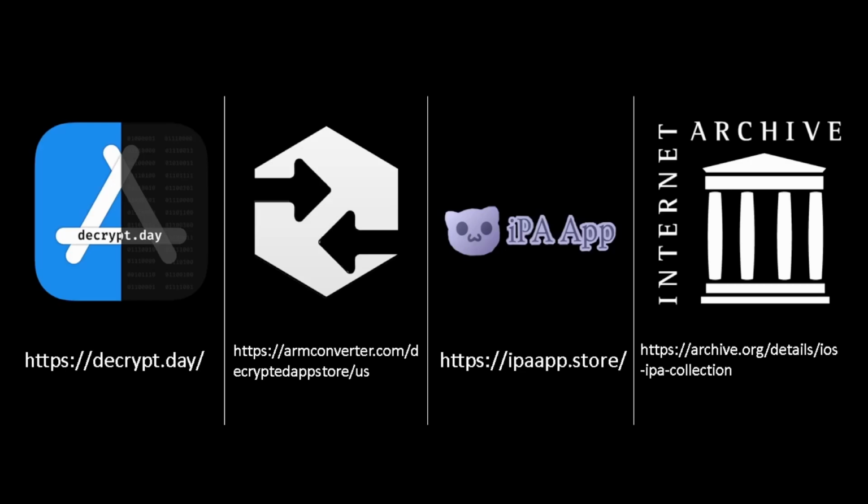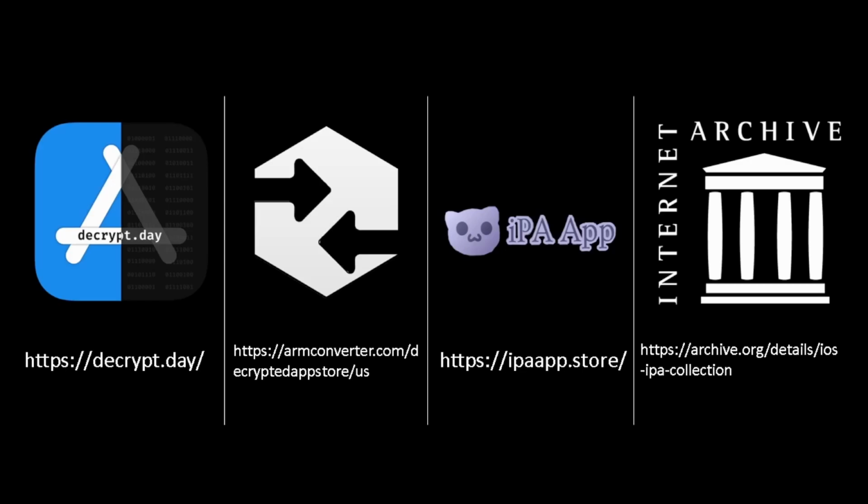So just going over them, there is decrypt.day and the Decrypted App Store, and these will allow you to search for packages and then download them, and they will decrypt them on their side and give you an IPA file. And then there is the IPA App Store, which contains a few popular IPA files.